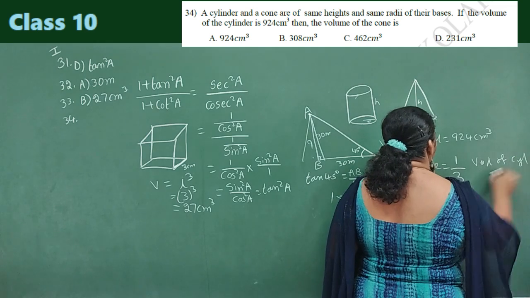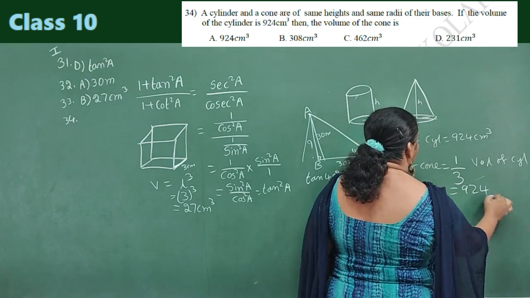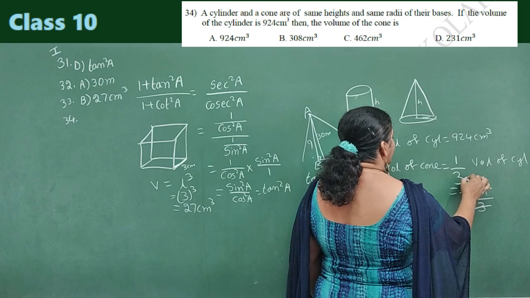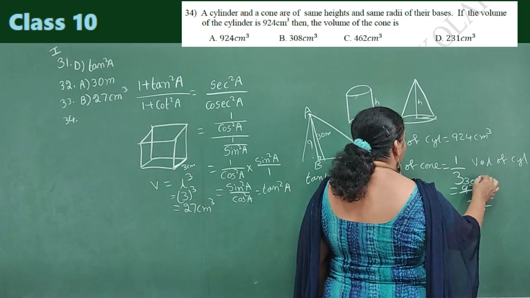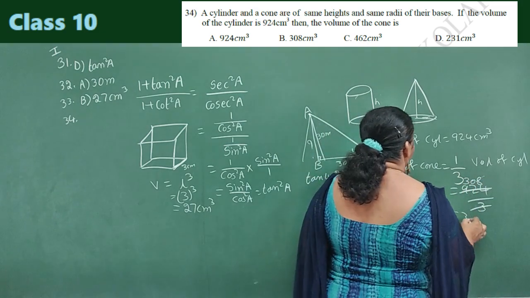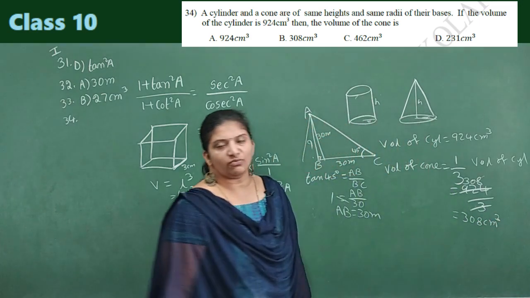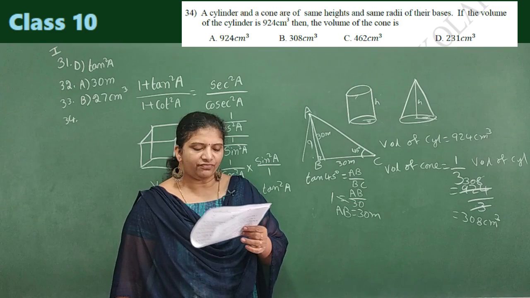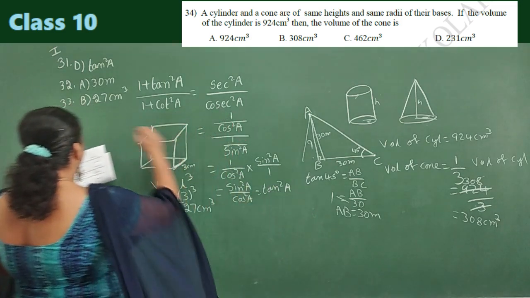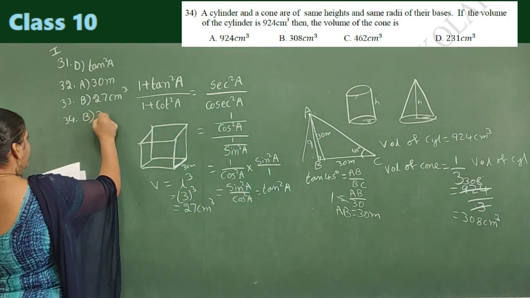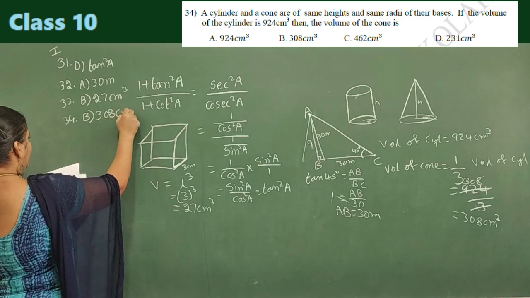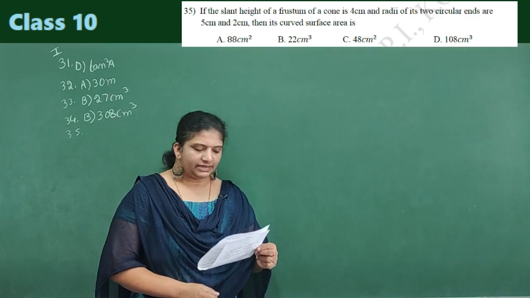We know cylinder volume, that is 924 by 3. 3 3s are 9, 0, 3 8s are 24, 308 centimeter cube is the volume of a cone. Check for the answer. Option B, 308 centimeter cube. 35th one.